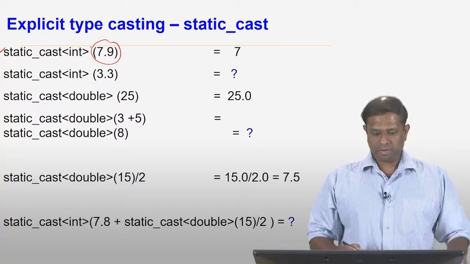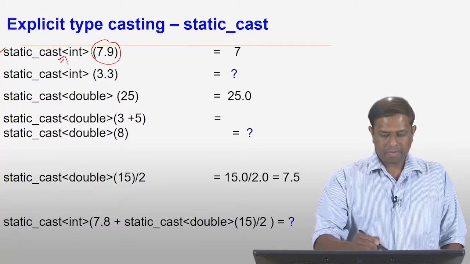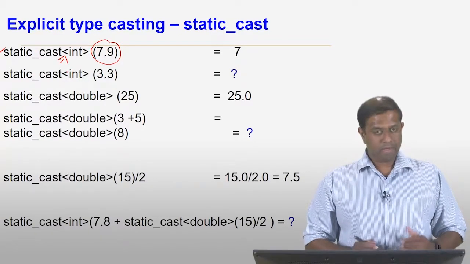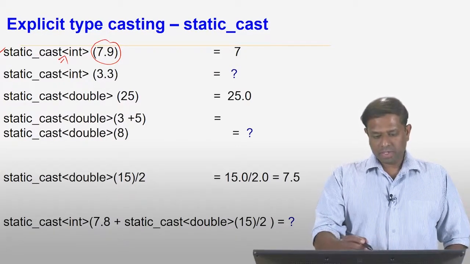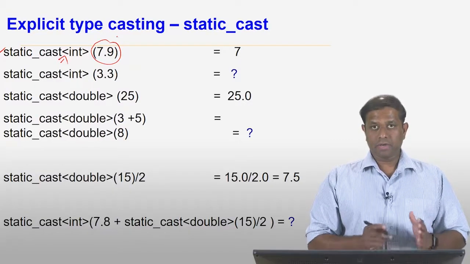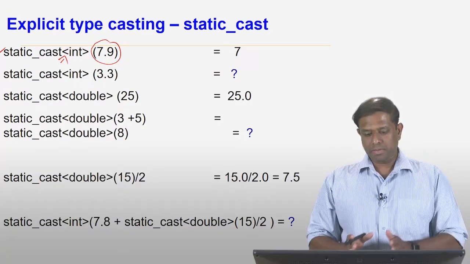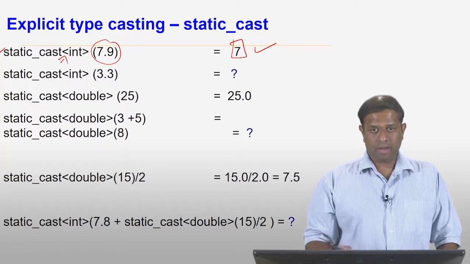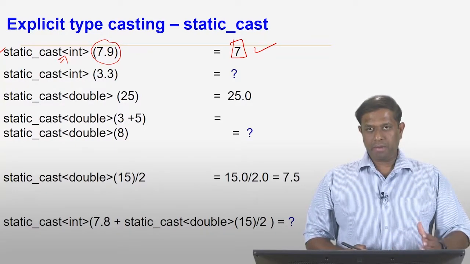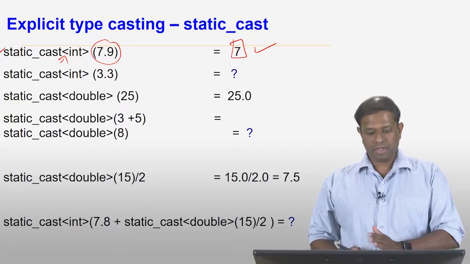When using the static cast method, we need to specify the data value that we want to cast and also the data type that we want to cast into. Here we are saying convert 7.9 into an integer. What we are doing is getting rid of the decimal portion, so we will have 7 as the final value. We are not rounding it up, but discarding the decimal portion.